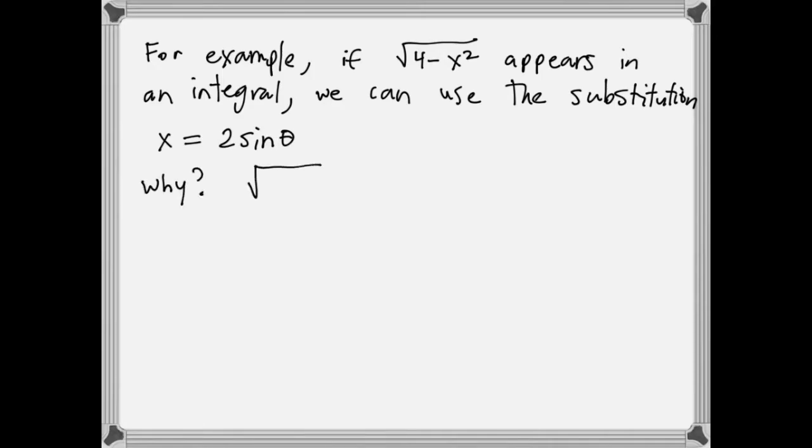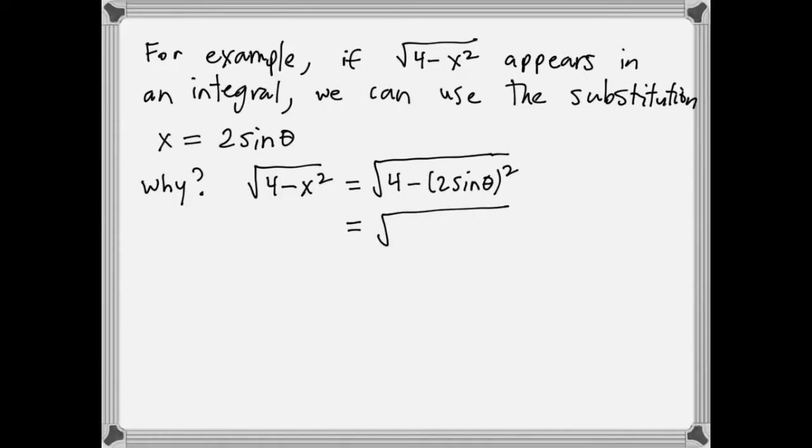Well, let's see what square root of 4 minus x squared becomes if we replace x with 2 sine theta. This would be the square root of 4 minus 2 sine theta squared, which is equal to the square root of 4 minus 4 sine squared theta, which is equal to the square root of, I can factor a 4 out, and I have 1 minus sine squared theta.